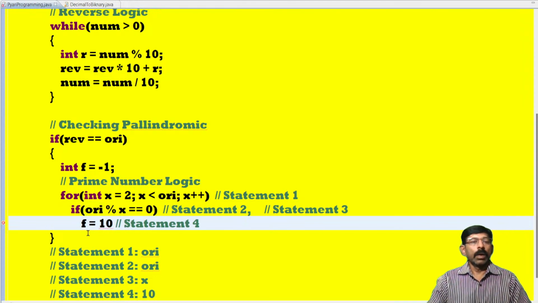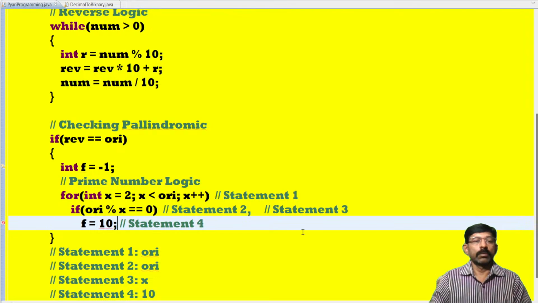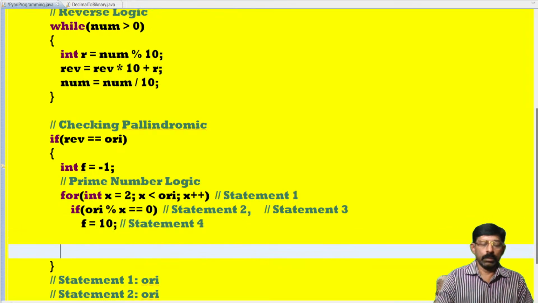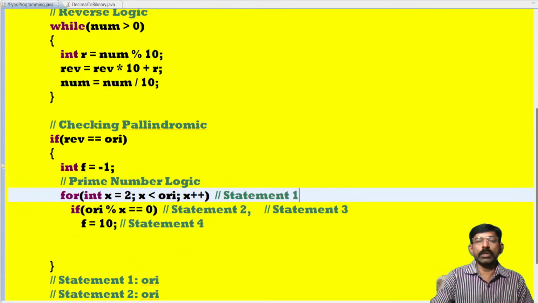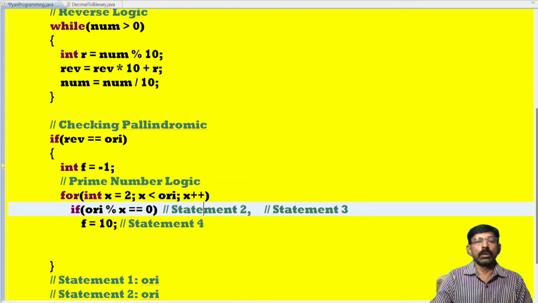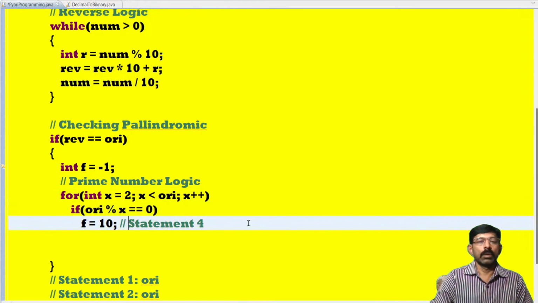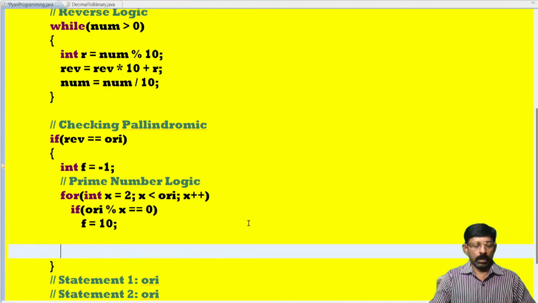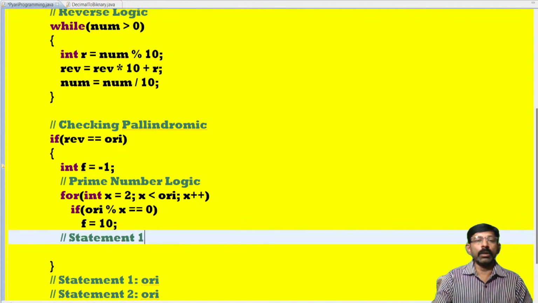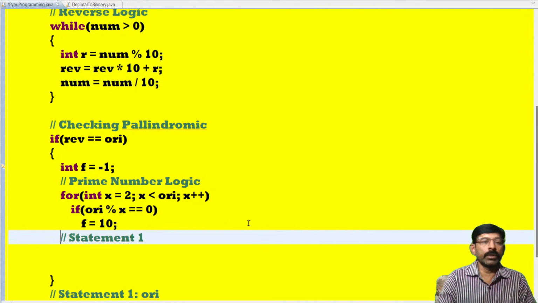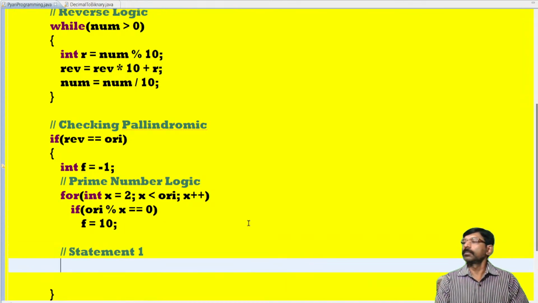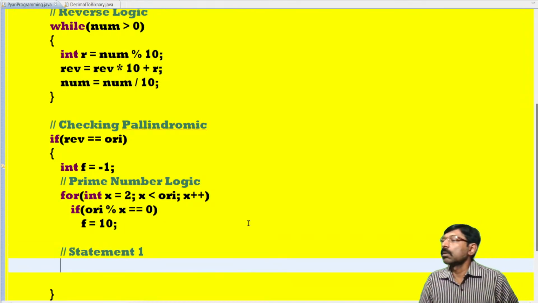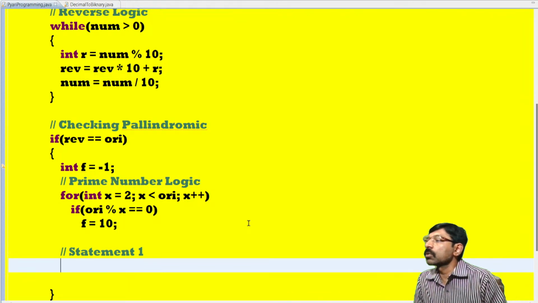Okay. After doing this, now I am removing these things. Now you tell me statement 1, what should I do after this? Statement 1, 1 is ORI, so stick. 2 is ORI modulo x.